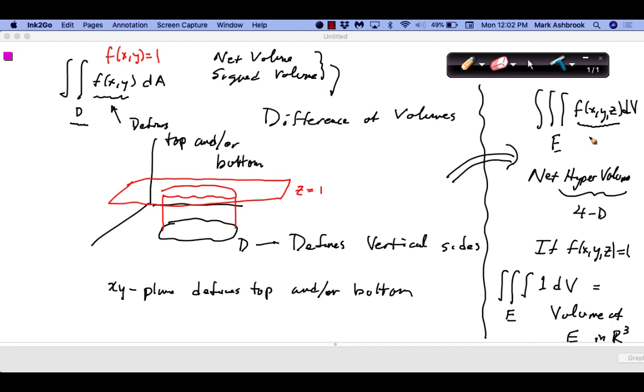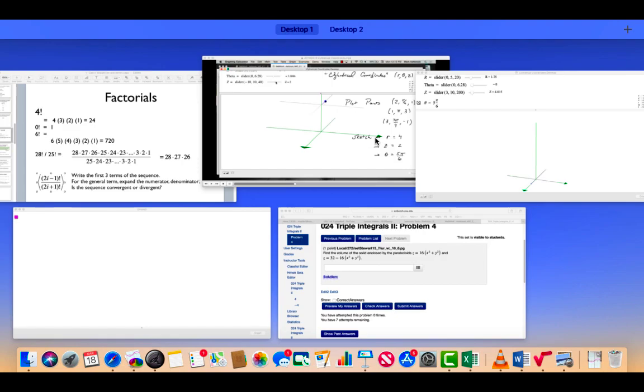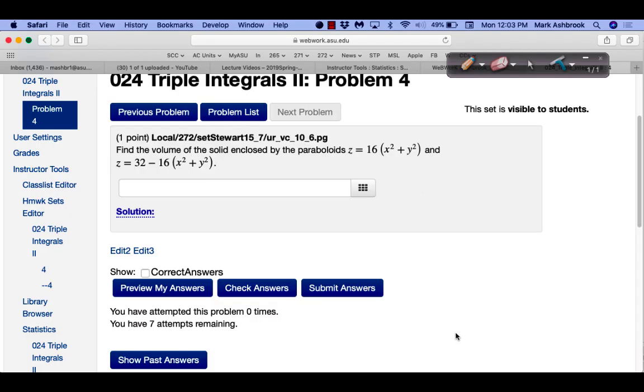Okay. So that is like your problem due tonight, number 4, I think. We're working on triple integrals, and it says find the volume enclosed by these two paraboloids. And we want to use a triple integral to do that.